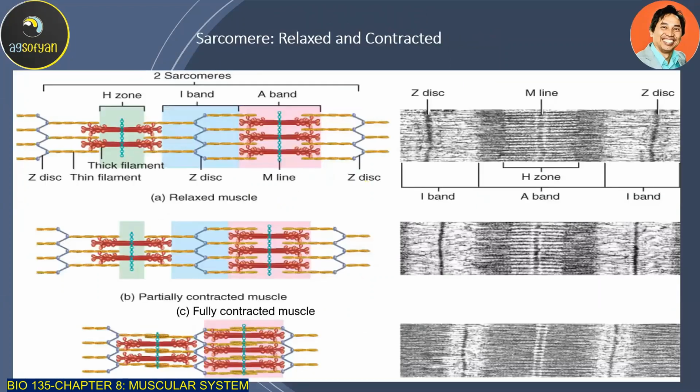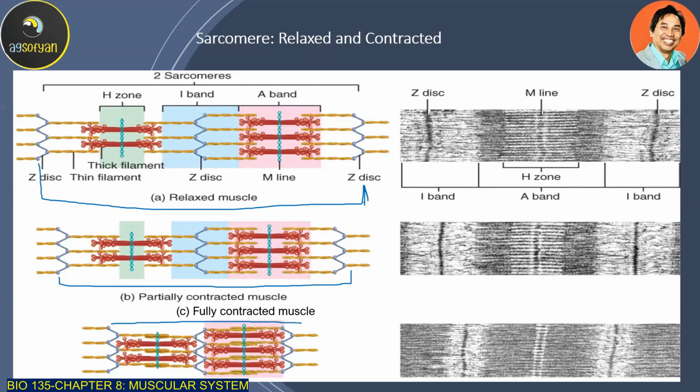Okay. When it is relaxed, if you look at this distance between one Z disc and the other Z disc over here, so one sarcomere, during relaxation, it has this long distance. When it is contracted, then what happens? It becomes shorter. When it is fully contracted, it becomes even a lot shorter.